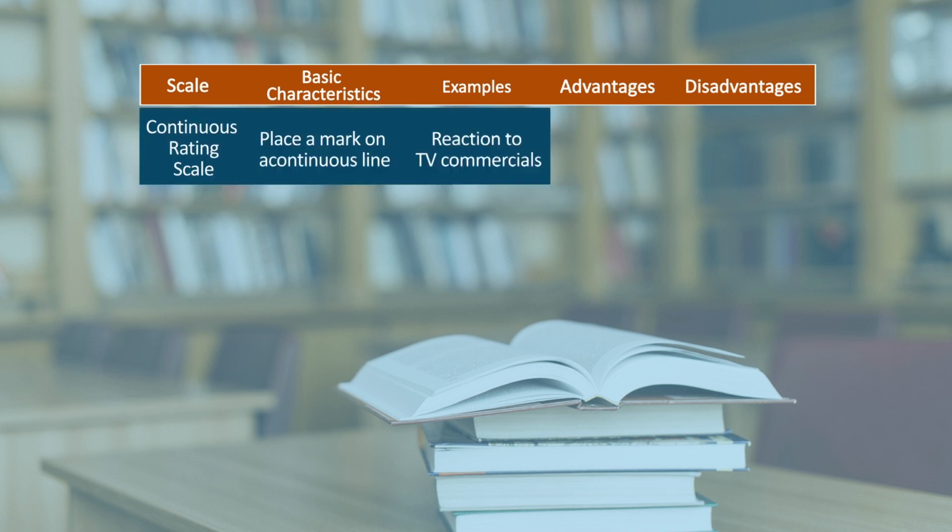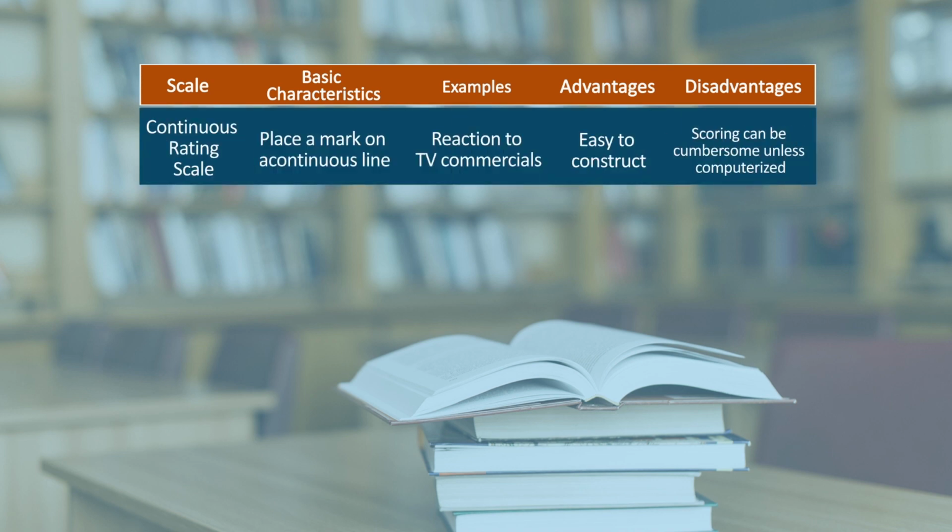If you go more into the depth of this continuous rating scale, we know that the basic characteristic is to place a mark on a continuous line. There are certain examples to that: reaction to TV commercials. Advantage is easy to construct. Disadvantage, scoring can be cumbersome unless computerized.